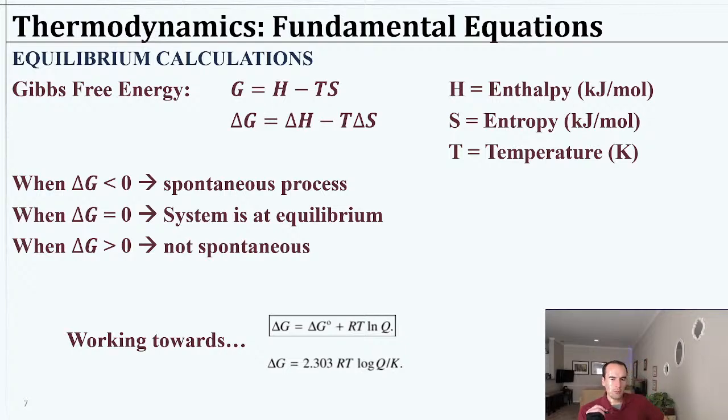So in terms of what it means, delta G tells us something about whether or not this can spontaneously occur. So when delta G is negative, that means the reaction, and I have this on another slide in a moment, but we'll say that delta G is equal to G of the products minus G of the reactants.